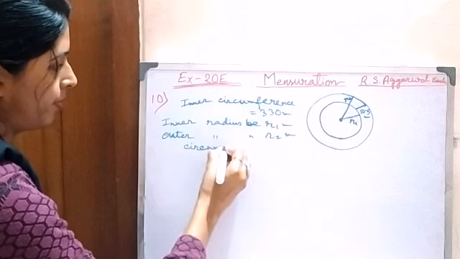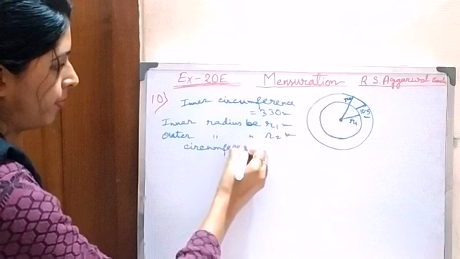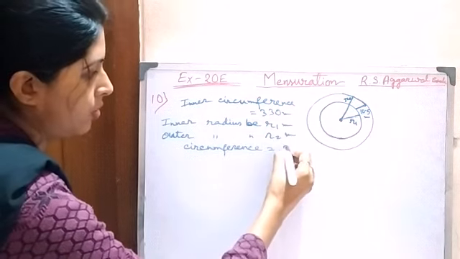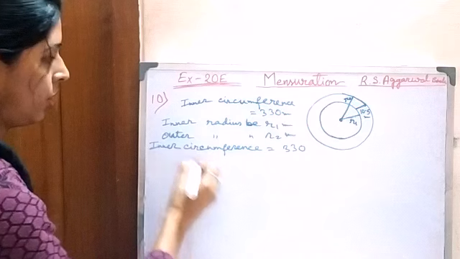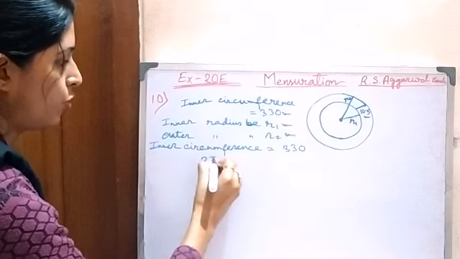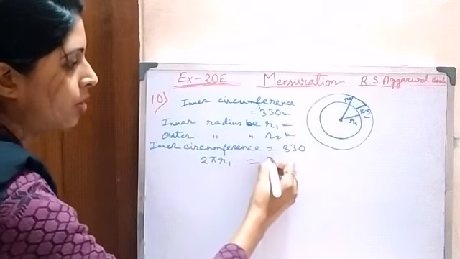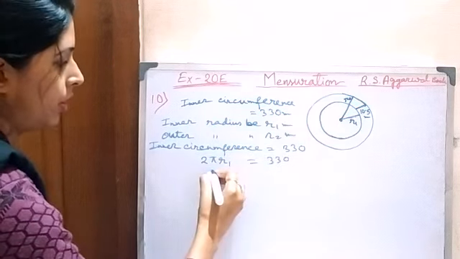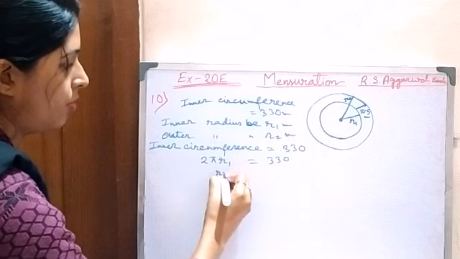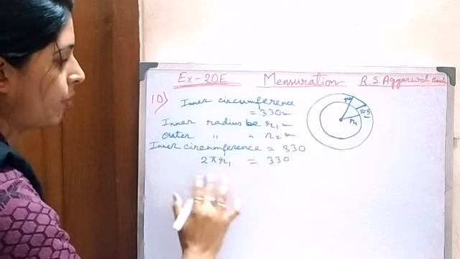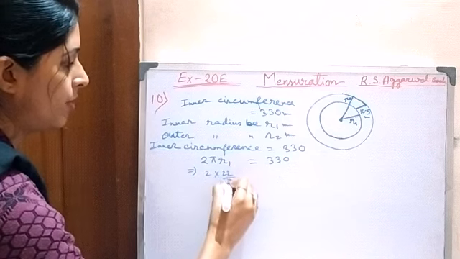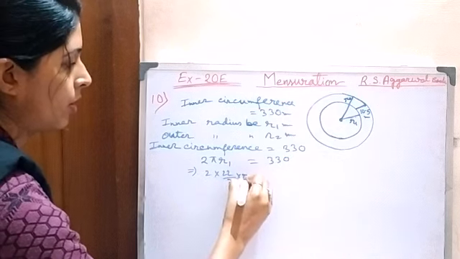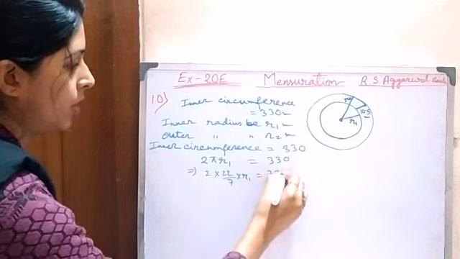Inner circumference equal to 330, that is 2 pi R1 equal to 330. Here I will put the value of pi: 2 into 22 by 7 into R1 equal to 330.